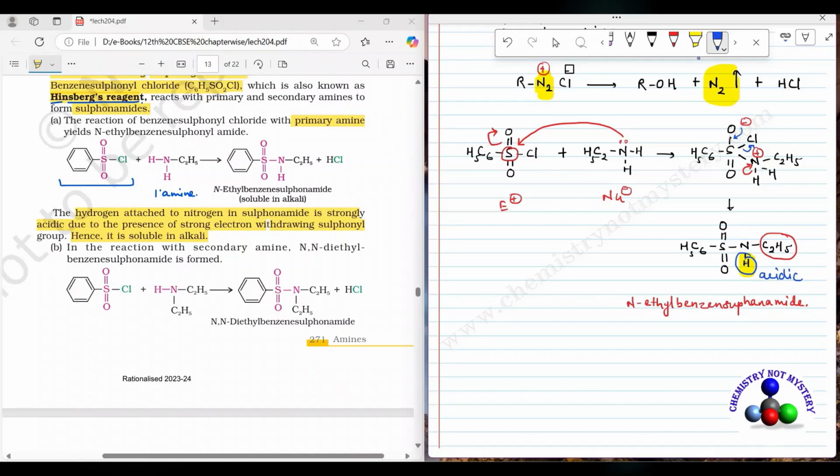This group withdraws electron density from nitrogen, which ultimately withdraws electron density from the hydrogen, and removal of hydrogen in the form of H plus ion becomes easier. So that's why this hydrogen is acidic, and as this molecule is acidic in nature, it is soluble in alkali.